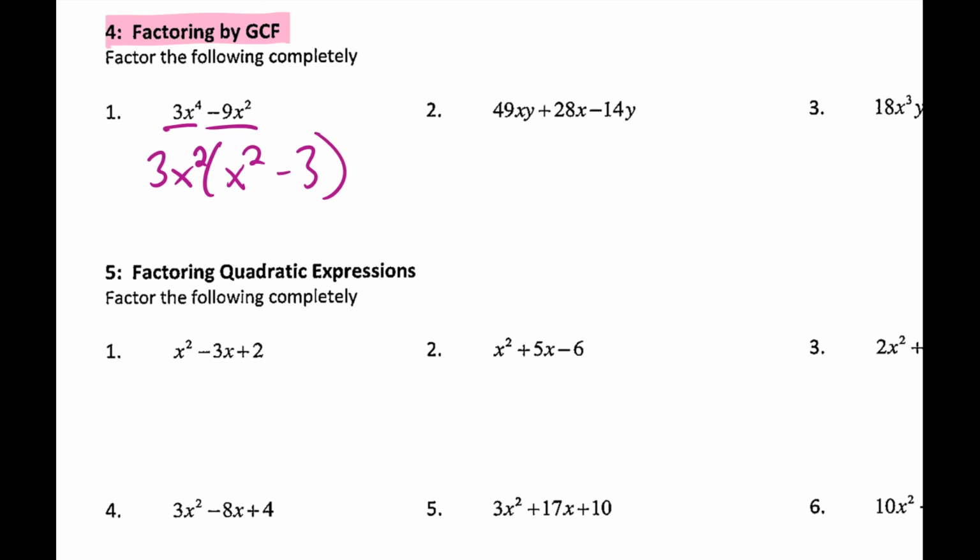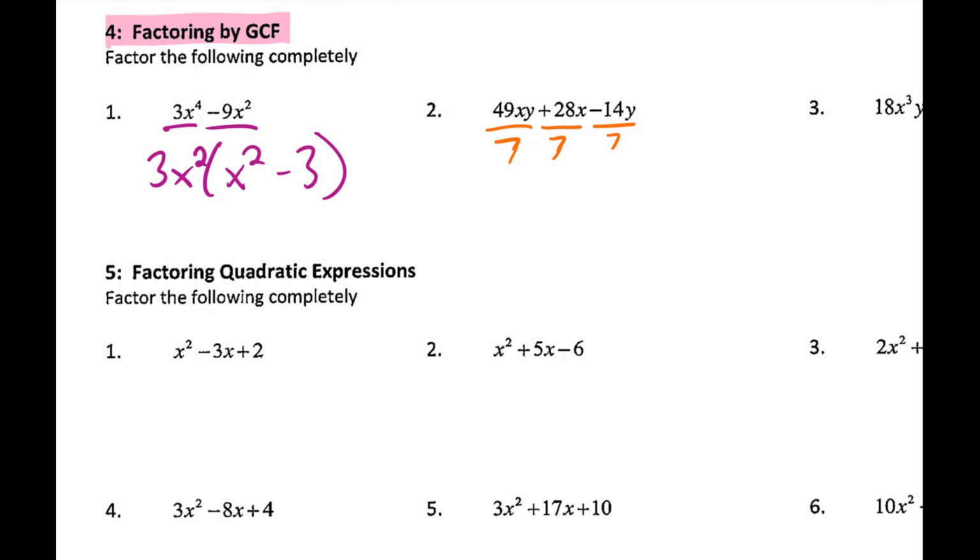Look all right? The next one, what we want to do is same thing, except this time we have 3 terms. 1, 2, 3. Looking at the numbers first, and then the x's, then the y's. The number that jumps out is a 7. A 7 can be taken out of each one, right? 7, 7, and 7. They can all be divided by 7.